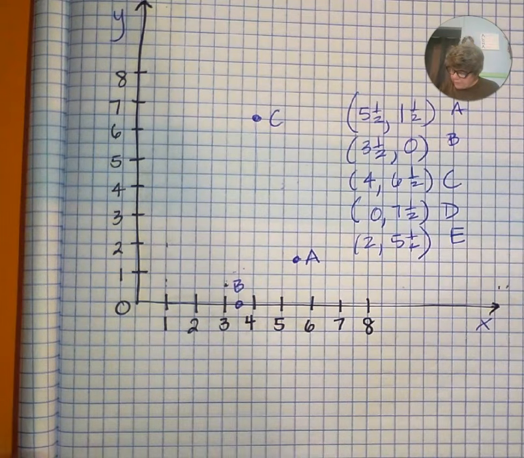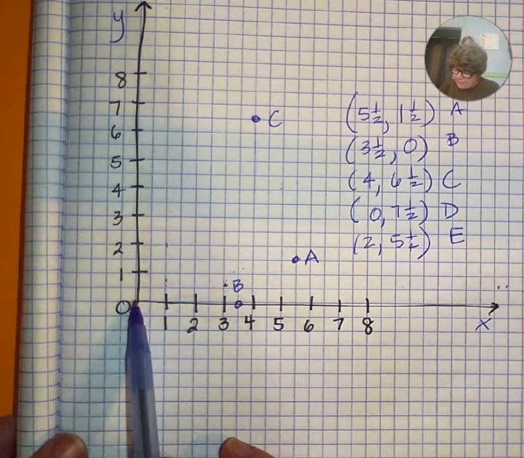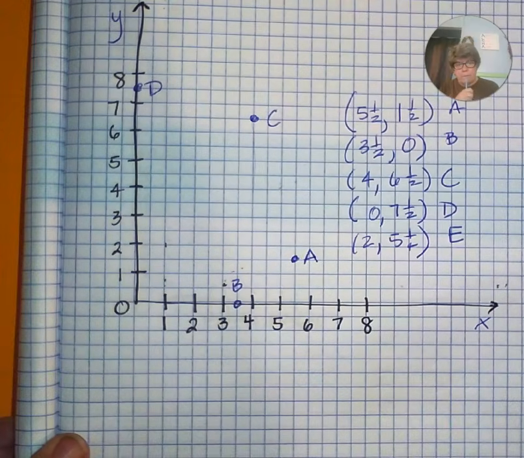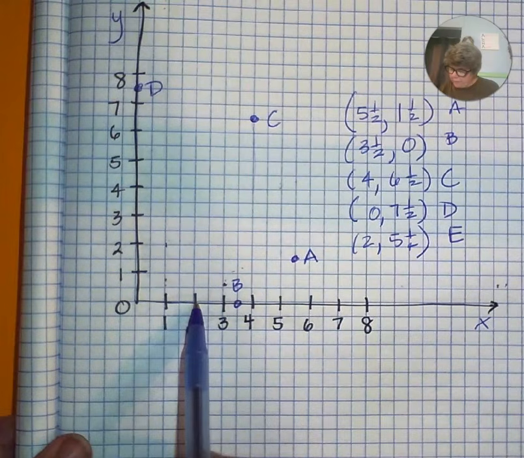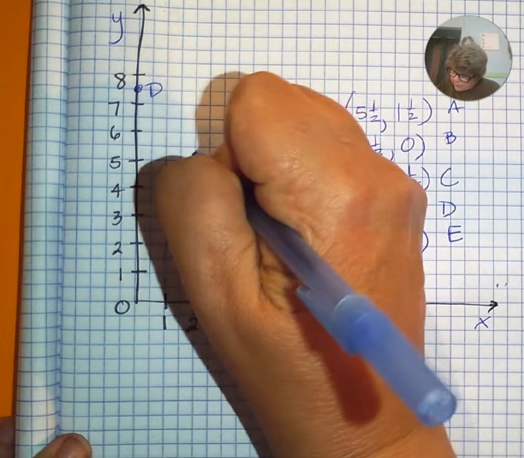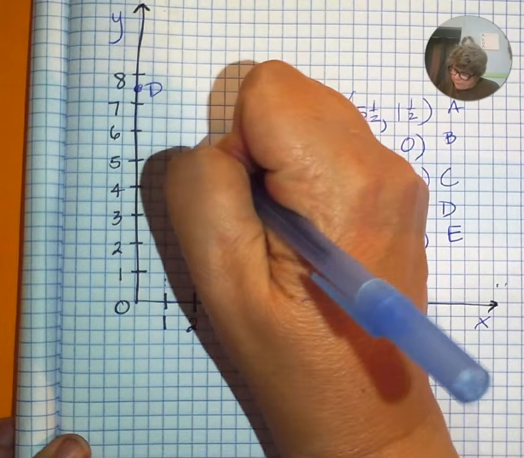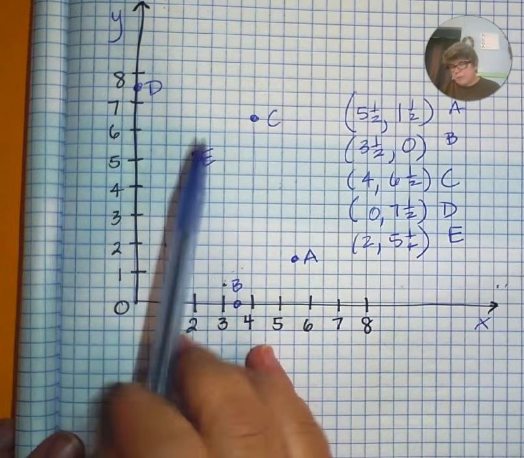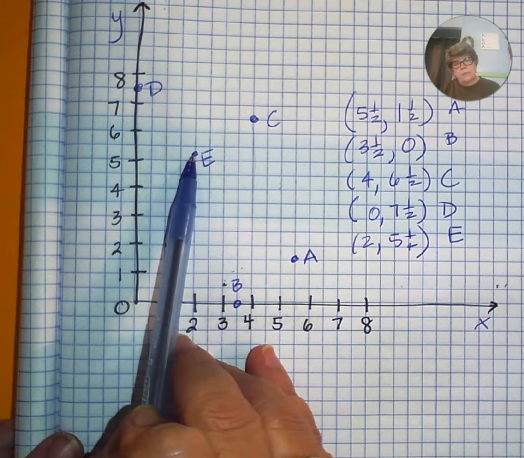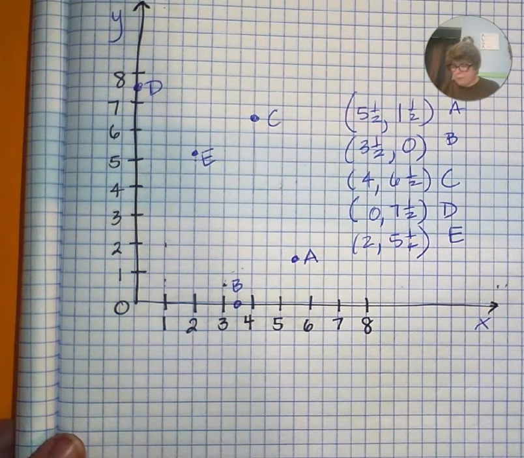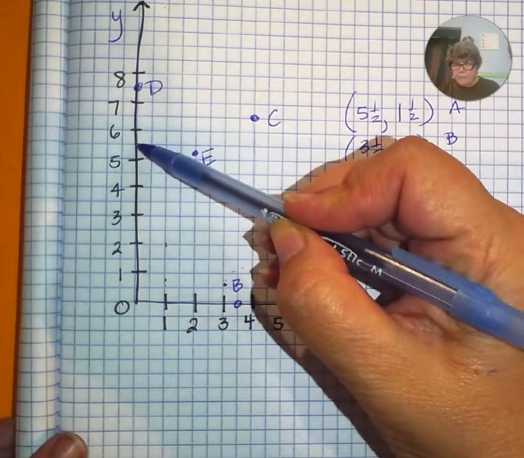Okay, hopefully you said 0 and 7.5 for D. And 2 and 5 1/4, about halfway between 5 and 5.5. That is going to be your E. Did we have to estimate where to put this dot? Yes, because we don't have a grid line for that one. So we had to estimate somewhere between 5.5 and 5.